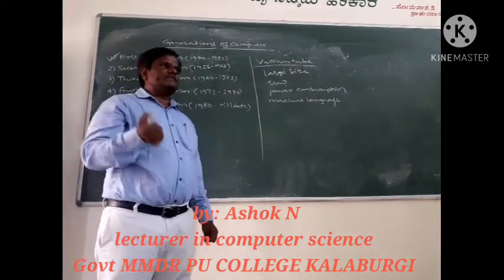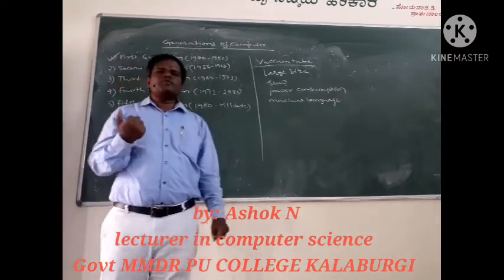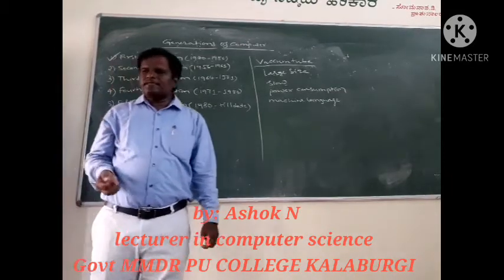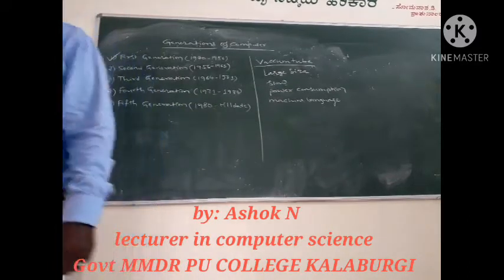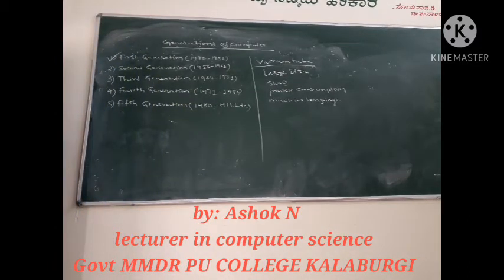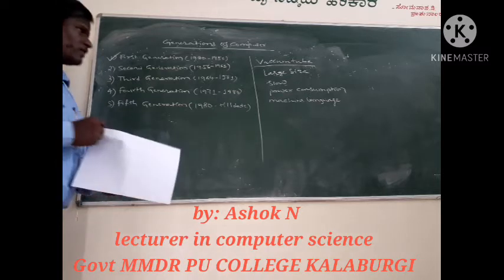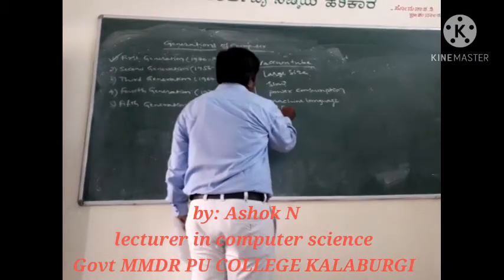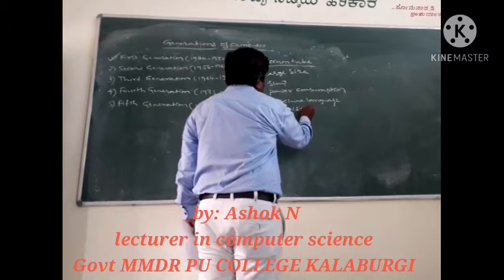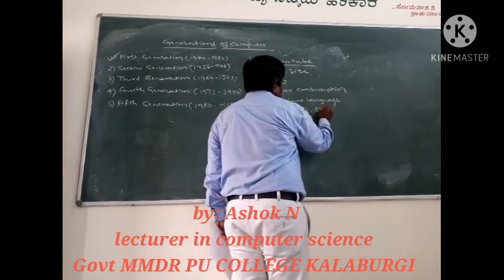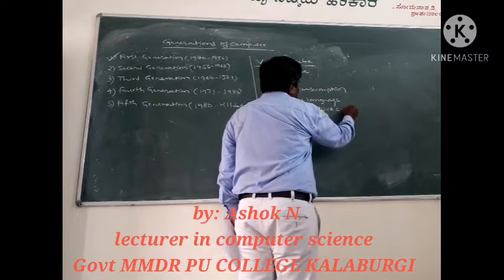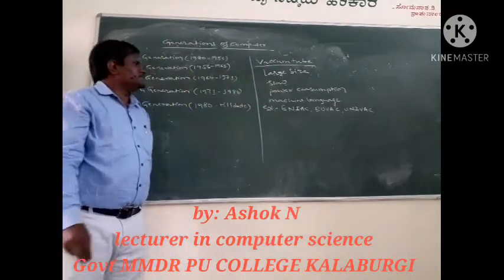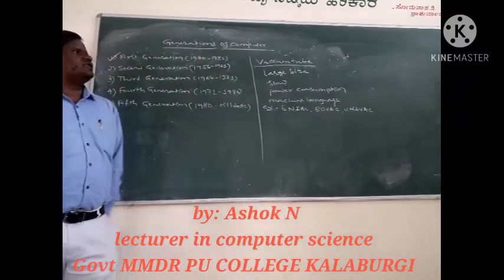Machine language means the language only the machine understands, where we have to write codes in machine code, using only zeros and ones. Examples of first generation computers include the ENIAC, EDVAC, and UNIVAC.